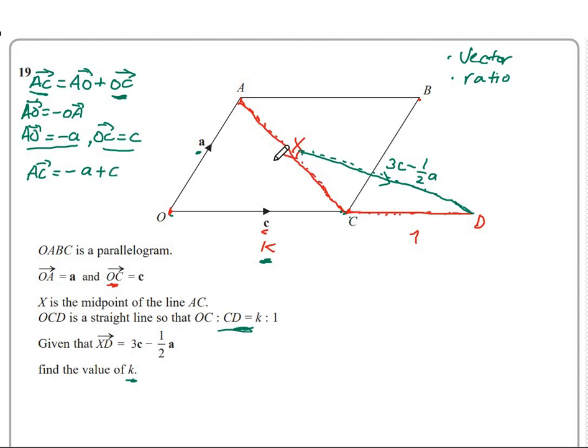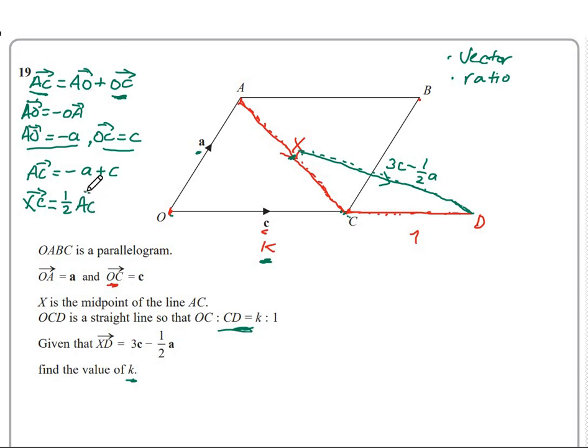Remember we're trying to find XC. We found what AC is, and X is the midpoint, so this must split AC in half. So XC equals half of AC.